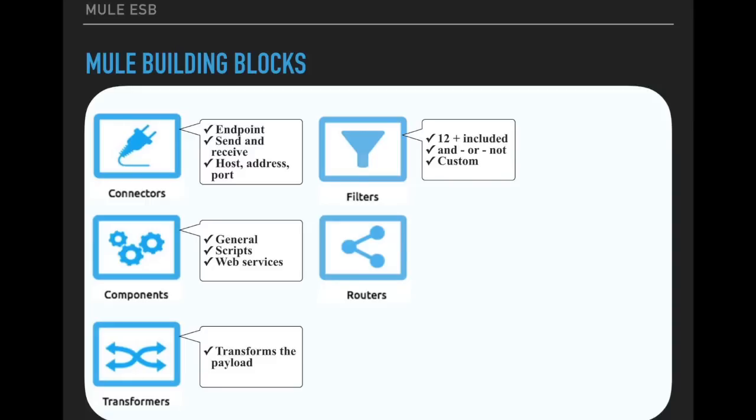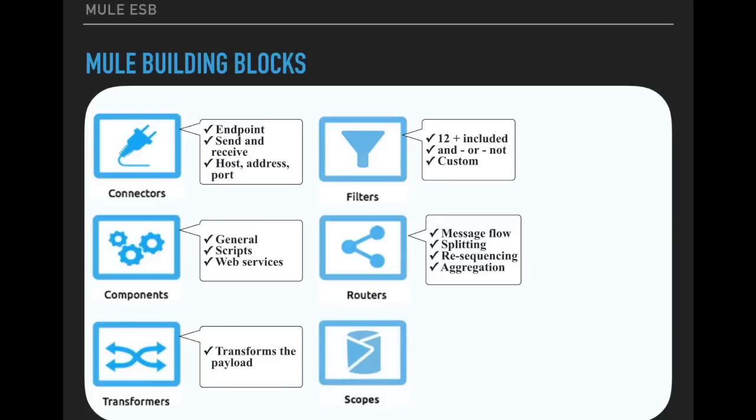Routers basically provide different routing to your messages. It controls the flow. You can do splitting, you can do resequencing, you can do aggregation. So these functionalities, the basic implementation of routers, is there. Then you have scopes.